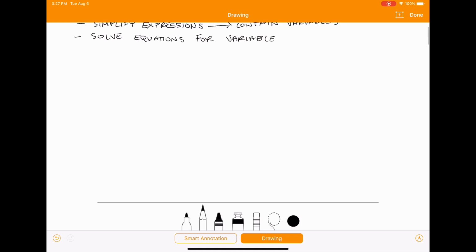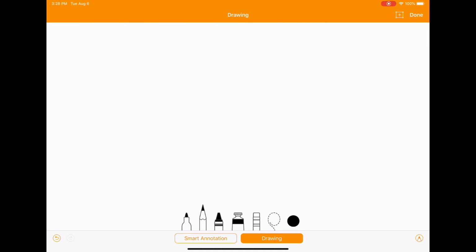All right, so let's go ahead and jump right in and talk about different properties of equations. So the first properties we want to talk about are the commutative and the associative.